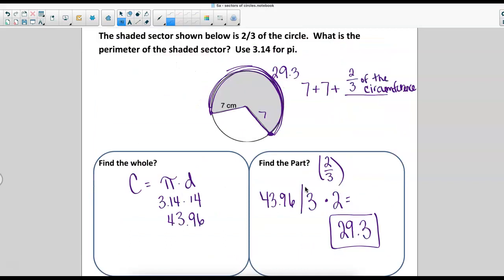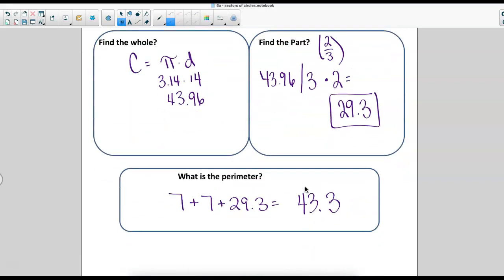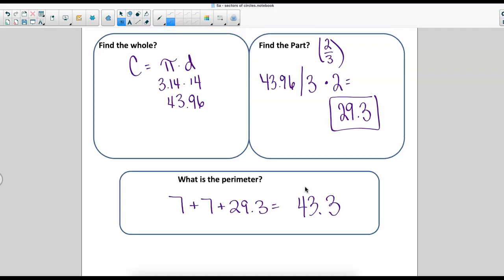Centimeters. Because you have 43.96. So this is centimeters. Kind of makes sense? A little bit of a process to get there.